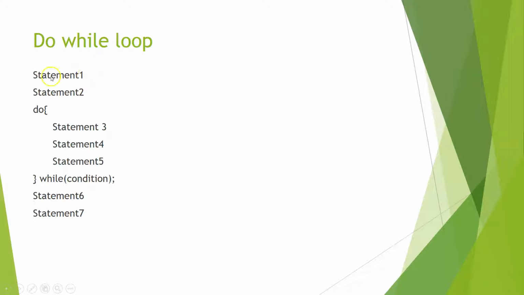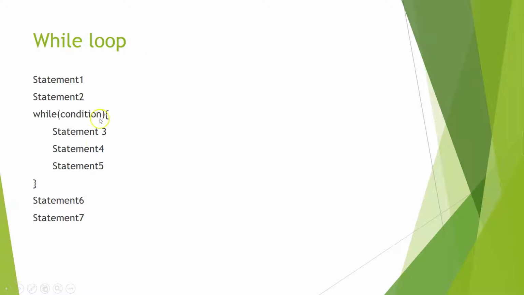We guarantee that statement 1 will be executed, statement 2 will be executed, and then the program will go through the do while loop to execute statement 3, then statement 4, then statement 5, and at the end of the loop it will evaluate the condition. And that's the difference between the while loop and the do while loop.